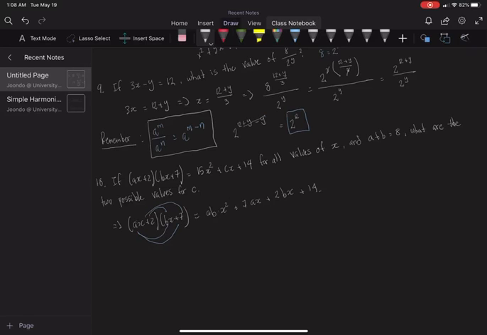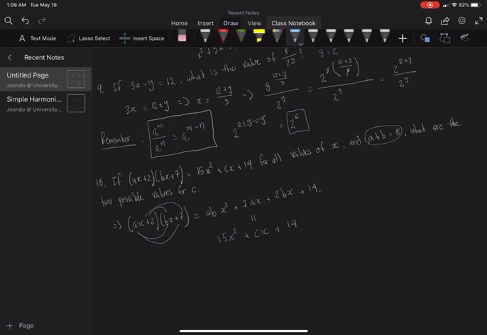We know that a plus b is 8. So we have to get 15 here, and we know that this has to be equivalent to 15x squared plus cx plus 14.